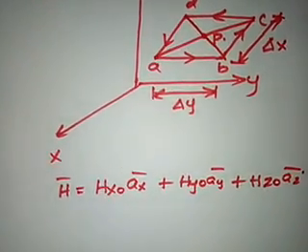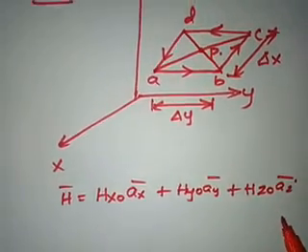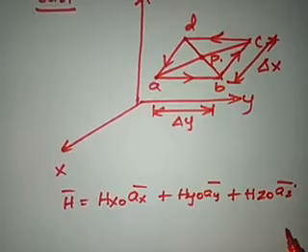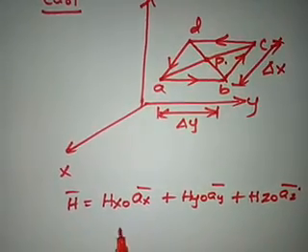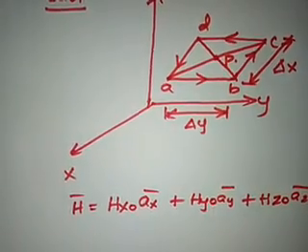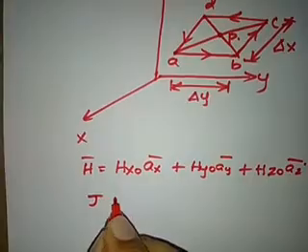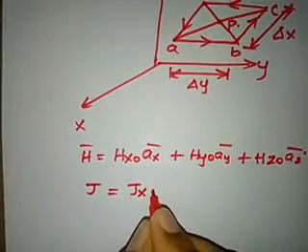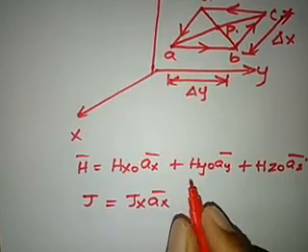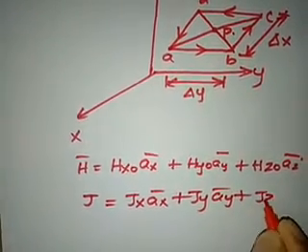Here, Hx0, Hy0 and Hz0 are the components if the rectangular element is placed in such a way that the point P lies at the origin. Alright. So the total current density is given by J is equal to Jx Ax bar, that is the component of J in the x direction multiplied by its unit vector, plus Jy Ay bar plus Jz Az bar.